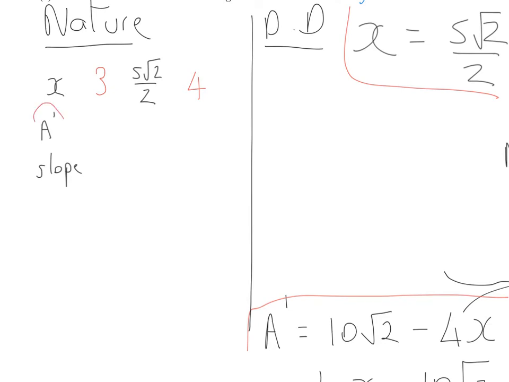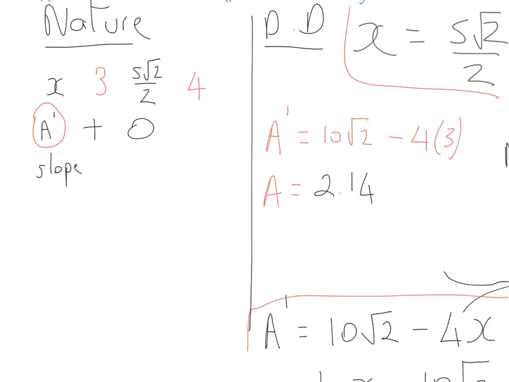So for the gradient a dash at 3, what I'll do at that point is to sub 3 into the differentiated function. So that will be a dash equals 10 root 2 minus 4 times 3. That gives me a result of about 2.14, which is a positive result.